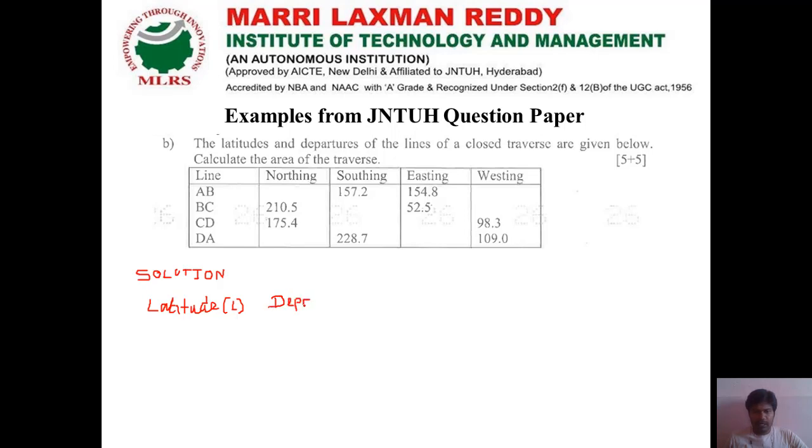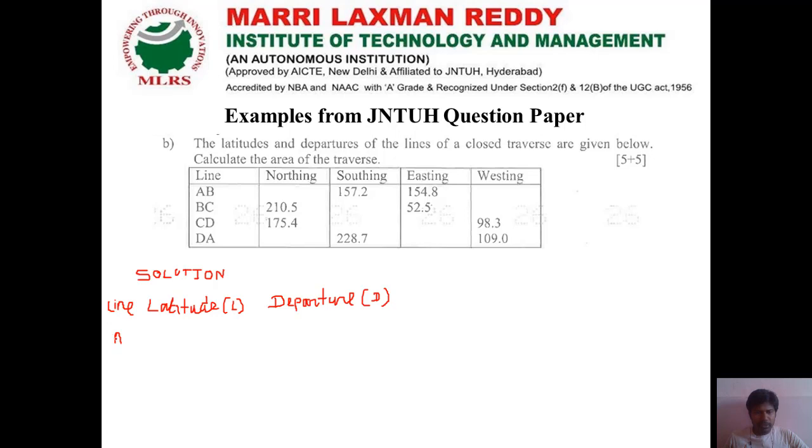Whatever data they have given, we are going to convert in terms of latitude and departure. In latitude, the north and south readings are written. If it is southing, we denote it with a minus sign, and if it is northing, it is written with a positive sign. Then the line.